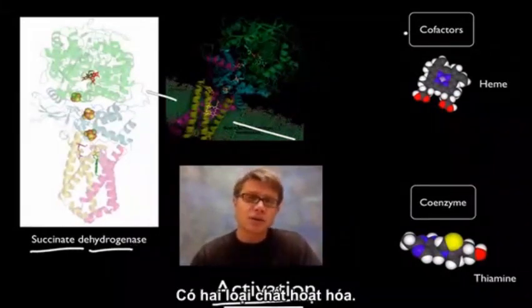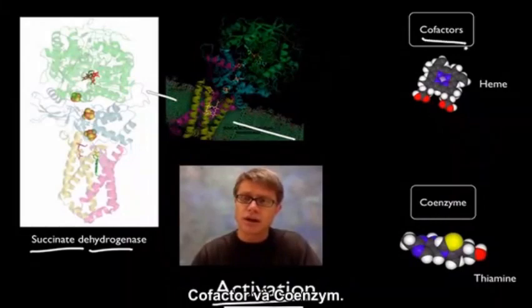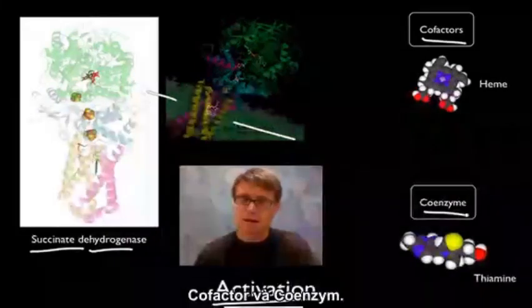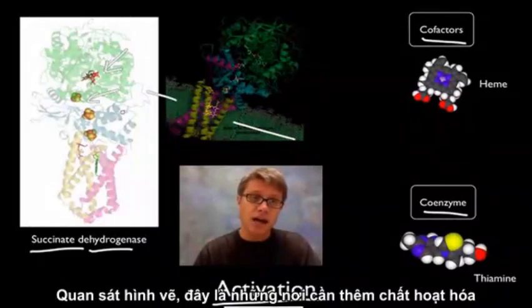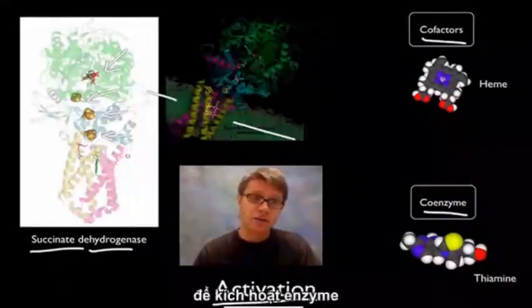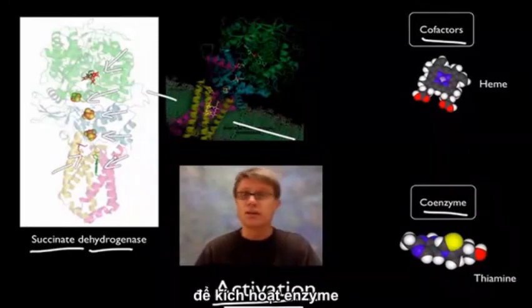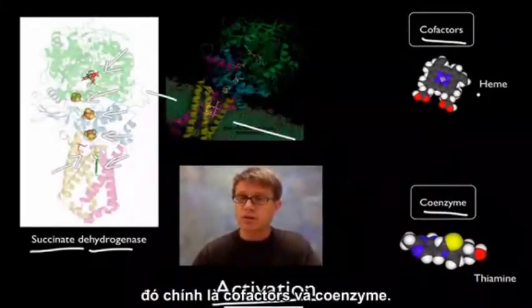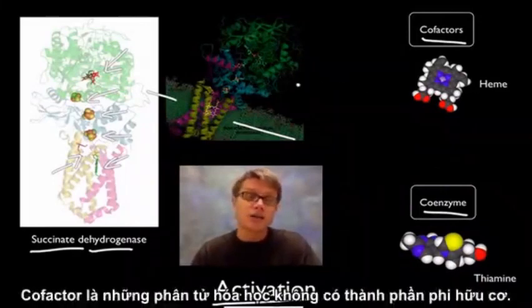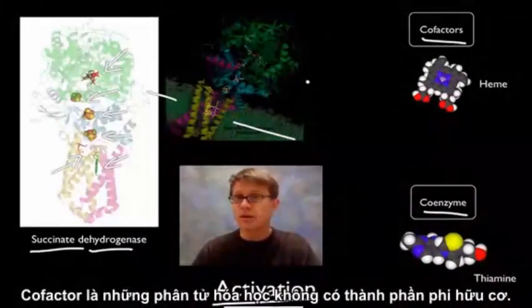And so there are two types of activators, those that are called cofactors and those that are called coenzymes. And so if you were to look in here, there's going to be things that have to be added to that enzyme before it can actually function. And so the two types are cofactors, coenzymes. I came up with some that you might know. Cofactors are basically going to be small chemicals that are inorganic.